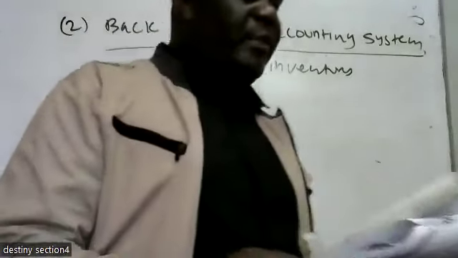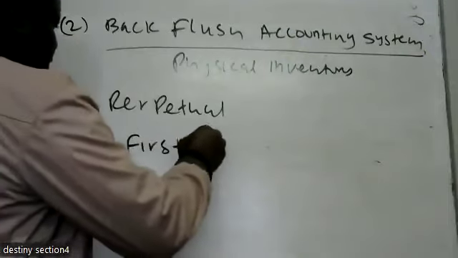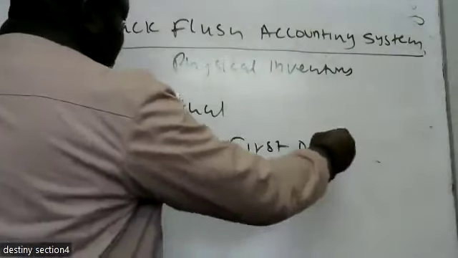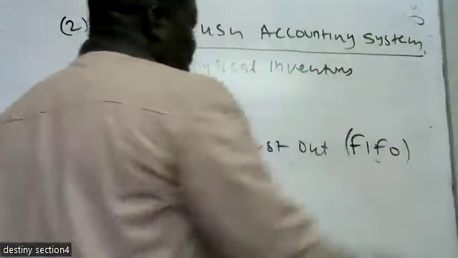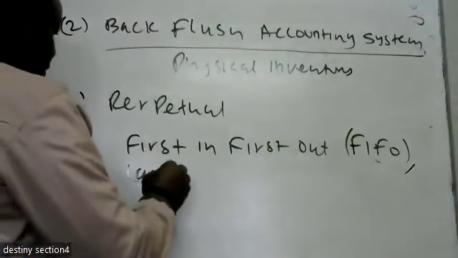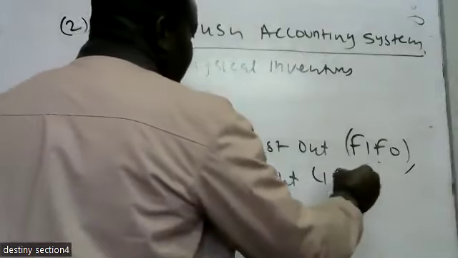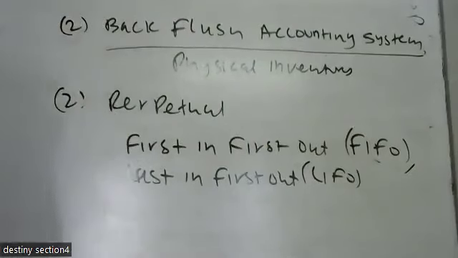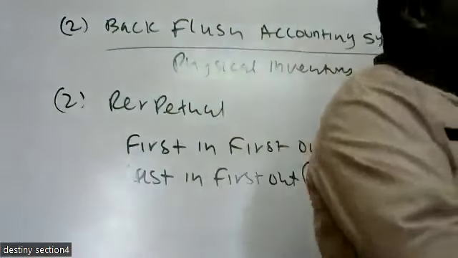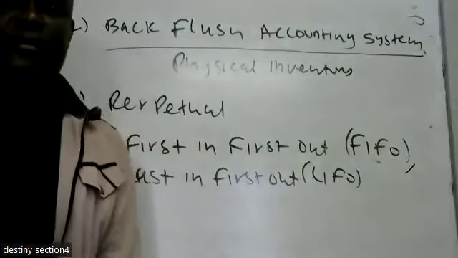Then you continue by writing that methods like first in, first out (FIFO), last in, first out (LIFO), and weighted average methods will be used.